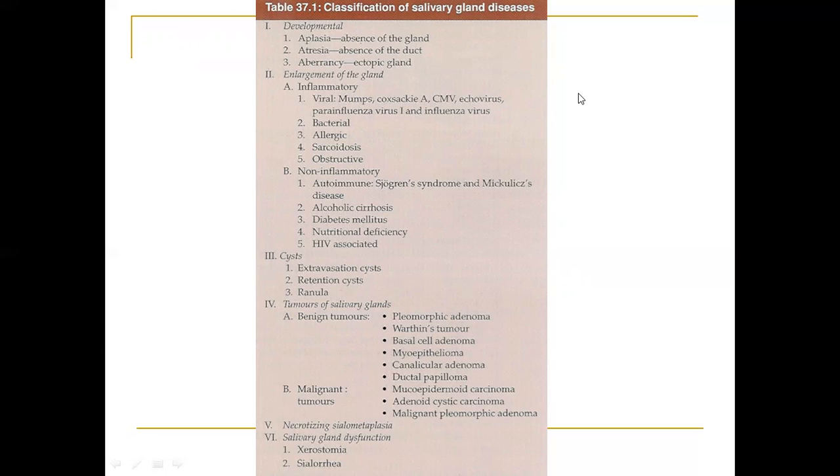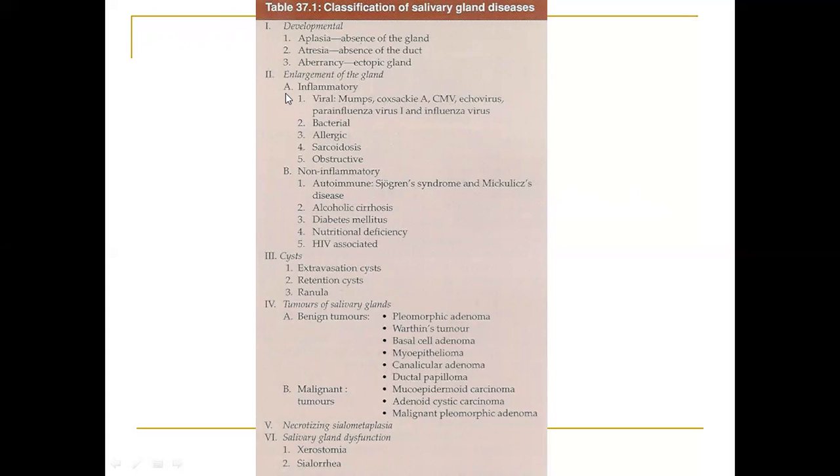And you find that there is aplasia, atresia, and aberrancy. So atresia is absence of the duct, aplasia is absence of the gland, and aberrancy means ectopic gland. That means you find glands where you usually don't find them. That is aberrancy.